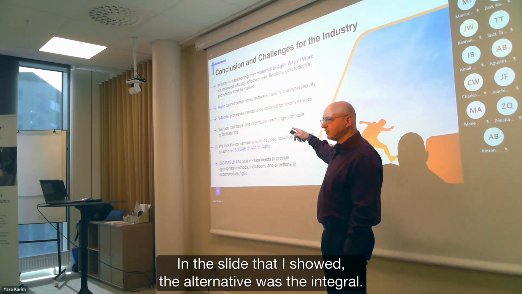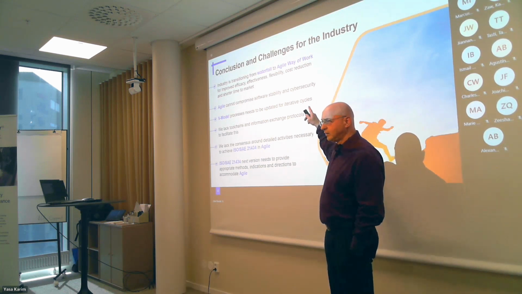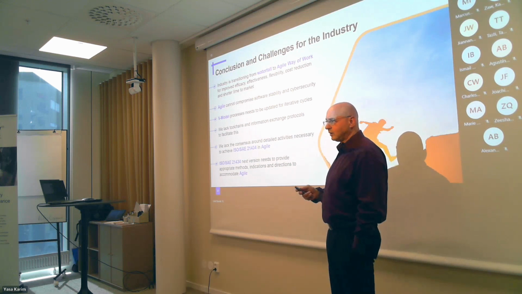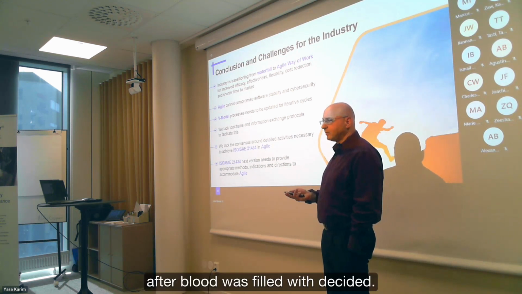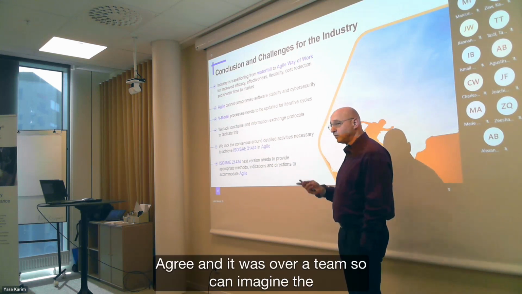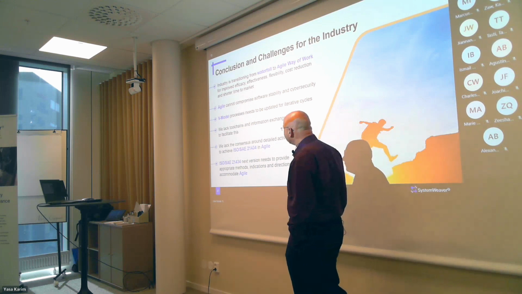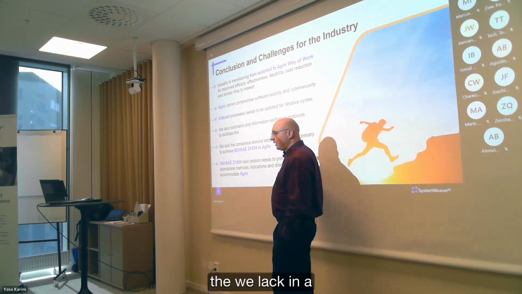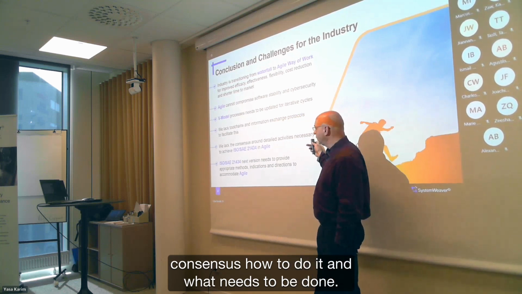In the slide that I showed, the alternative was the integral. This is a summary of a long discussion in which, after blood was spilled, we decided not to agree, and it was over Teams. So you can imagine. We lack a consensus on how to do it and what needs to be done.